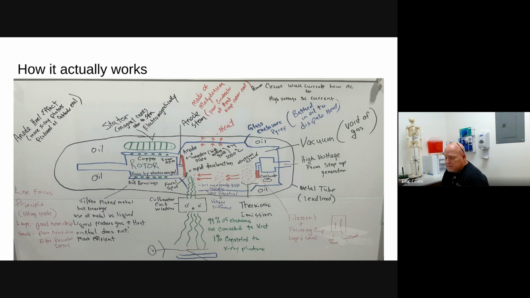Liquid has the propensity to create gas, which we don't want, and metal does not. It's just more efficient. Just know that they're silver plated and very efficient. That turns the rotor up to 3,000 RPM, which is just really cooking, and it's made of copper. Copper helps dissipate heat as well. So that's going to turn that anode about 3,000 RPM.